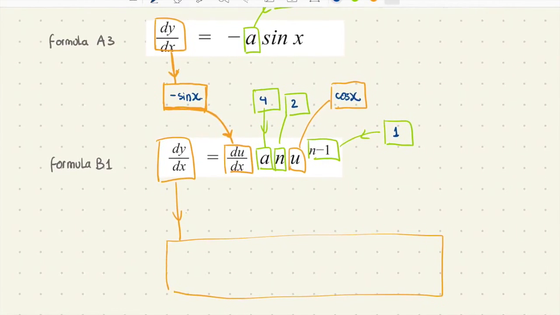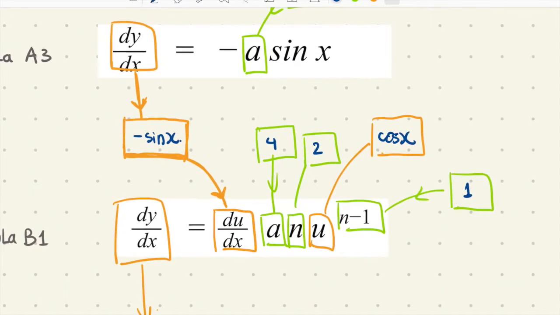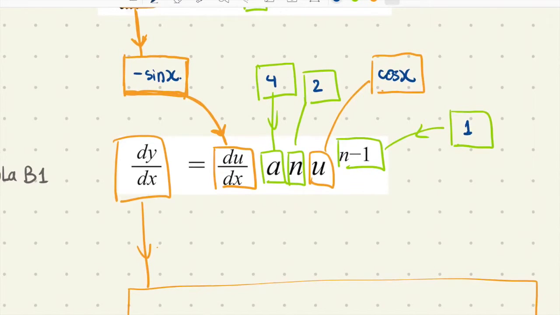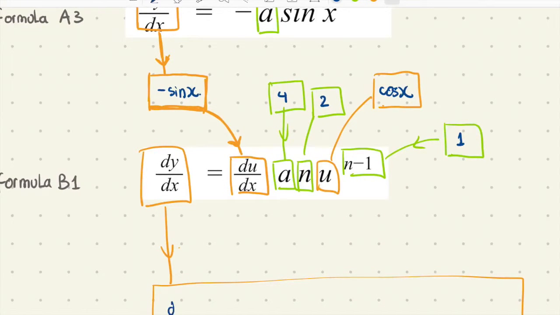Very simple. du/dx is negative sine x, u is cosine x, a is 4, n is 2, n minus 1 is 1. When we put all this into dy/dx, dy/dx is equal to negative sine x times 4 times 2 times cosine x.